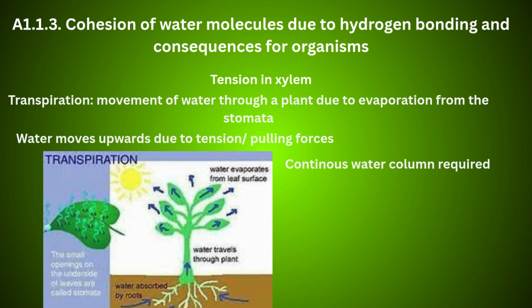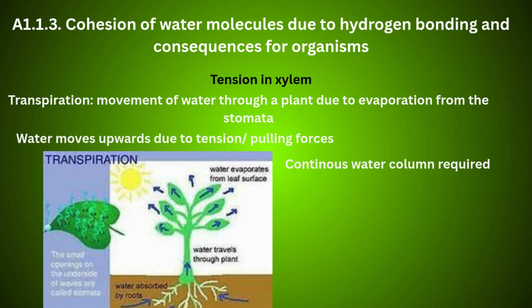When water evaporates from that plant, it's also going to pull other water molecules up through the xylem due to cohesion. So if you can imagine a water molecule up here pulling another molecule up with it, that's going to create this tension, this pulling force, and that's going to pull water all the way up through the xylem of the plant as long as we have a continuous water supply.